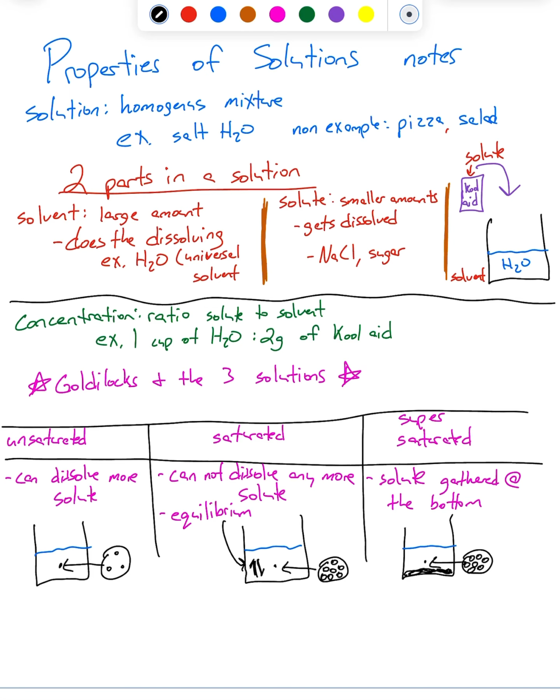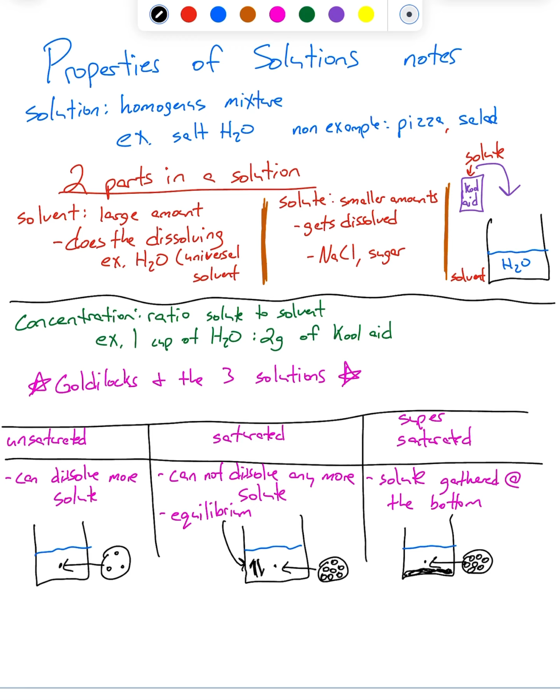Supersaturated solutions tend to happen where you've heated up the solution. The easiest way to do this is to make it very, very hot, so the molecules are moving very quickly. That means they can gather and hold on to a lot of the solute. Then when it cools, a lot of times it will drop all of the little pieces down to the bottom.